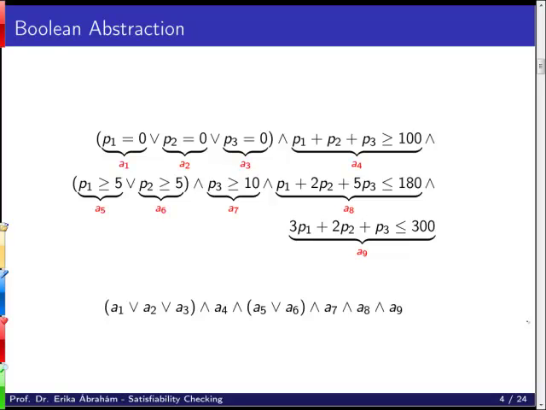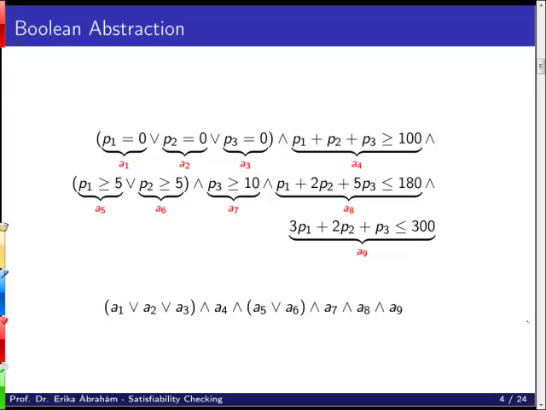In this case, we replaced the theory constraints by Boolean propositions, in this example, linear arithmetic over the integers. So for example, P1 equals 0 will be just replaced by a Boolean variable A1. And you see, this is the Boolean skeleton. Each constraint is replaced by a Boolean variable. So now I have a propositional logic formula.